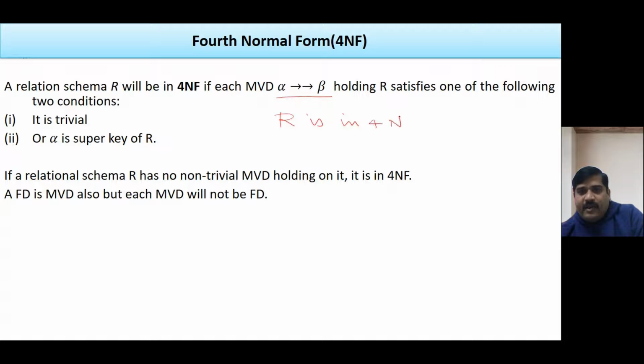Okay. And if a non-trivial MVD exists in R, then that relation is not in fourth normal form.